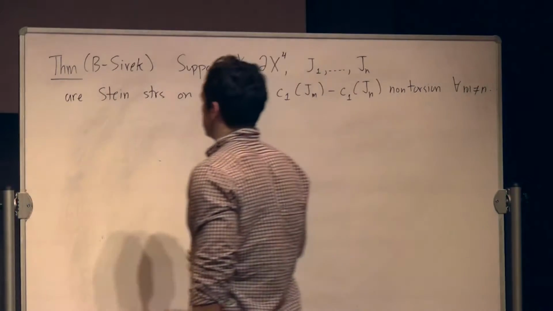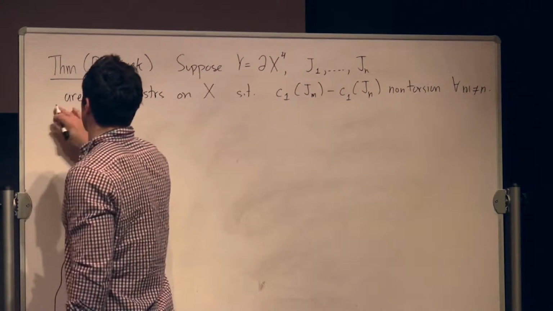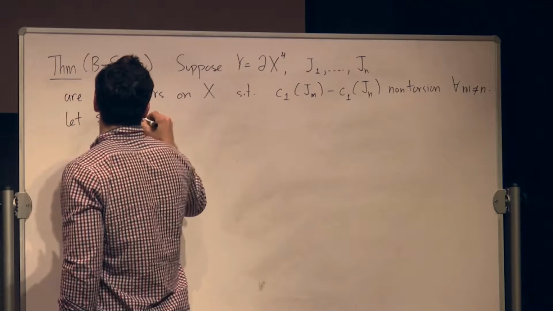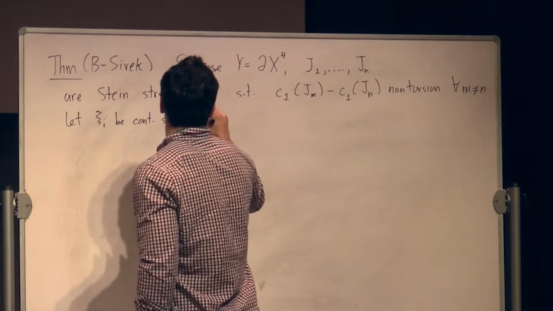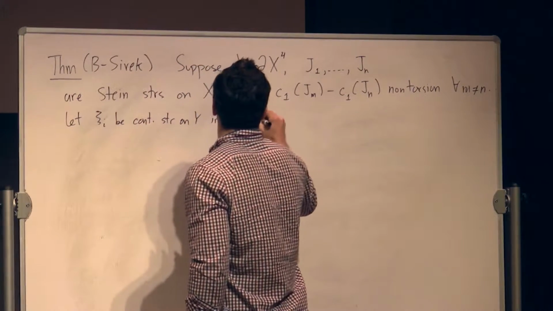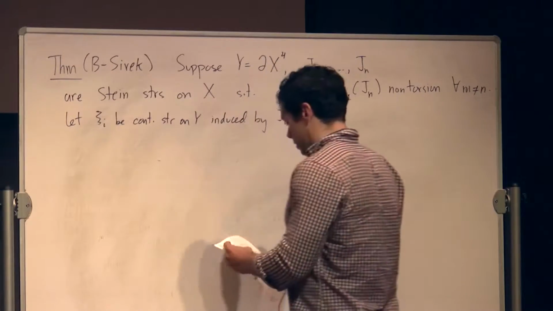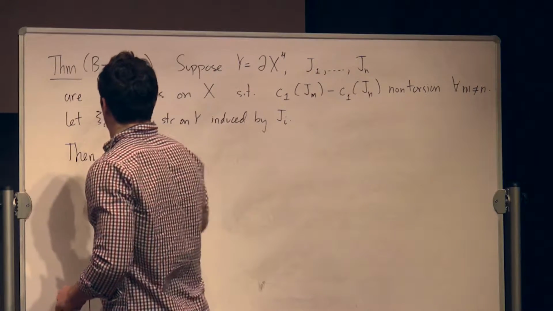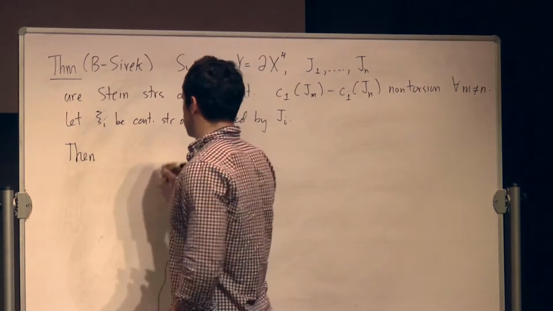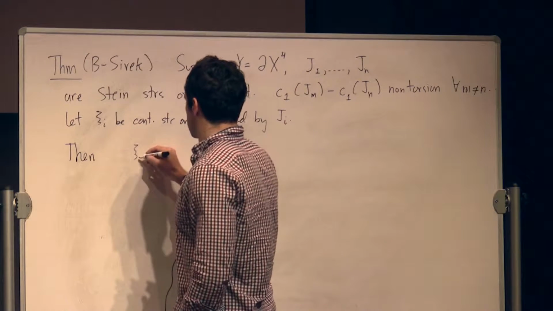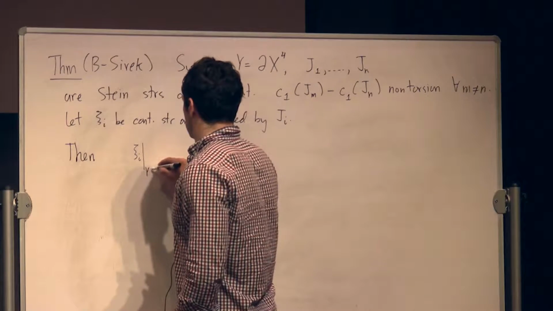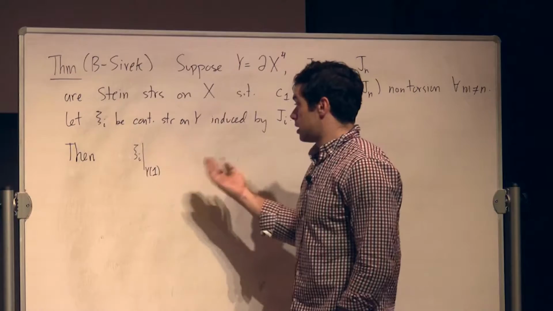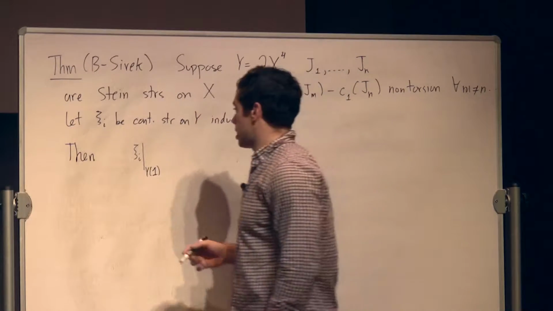Okay, and so these Stein structures on X induce contact structures on Y. So let C sub i be the contact structure on Y induced by J sub i. Then what we can do is restrict each of these contact structures to Y minus a Darboux ball. Right, so now we're in the setting of sutured manifolds, so we can talk about our contact invariants.